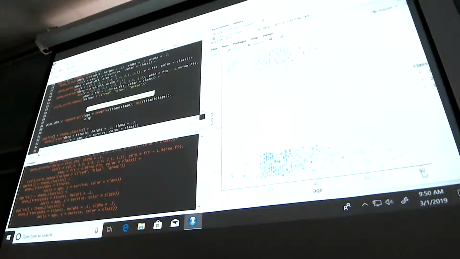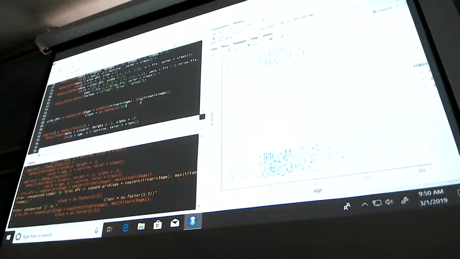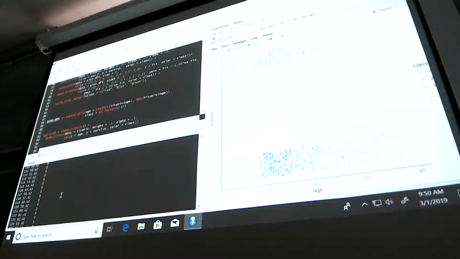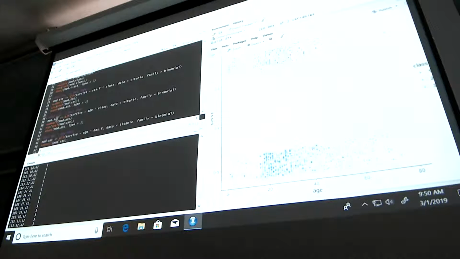And then for class, and so now we have our plot data frame where we have all of the ages for first class, all of the ages for second class, all of the ages for third class. And now we find what was our model for age by class, mod AXC.